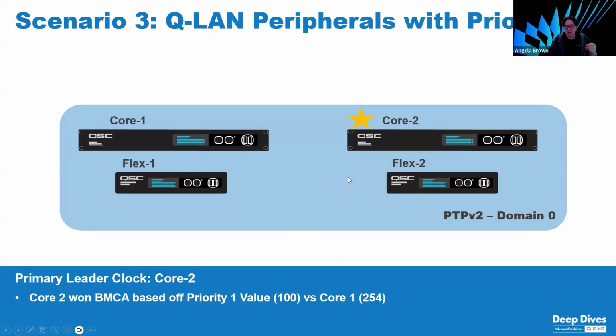So in this specific scenario, if we change that PTP priority 1 value to 100, then core 2 automatically will win the BMCA. And regardless of what the MAC address is, because we've now interrupted that at the first value in the BMCA algorithm, our core will now be the clock leader. Whew.